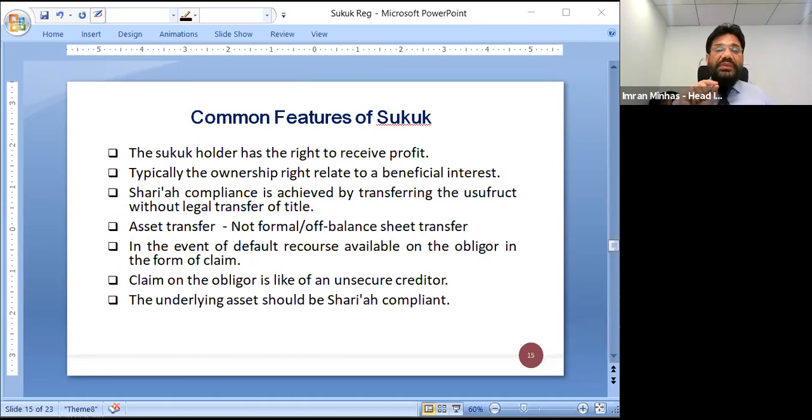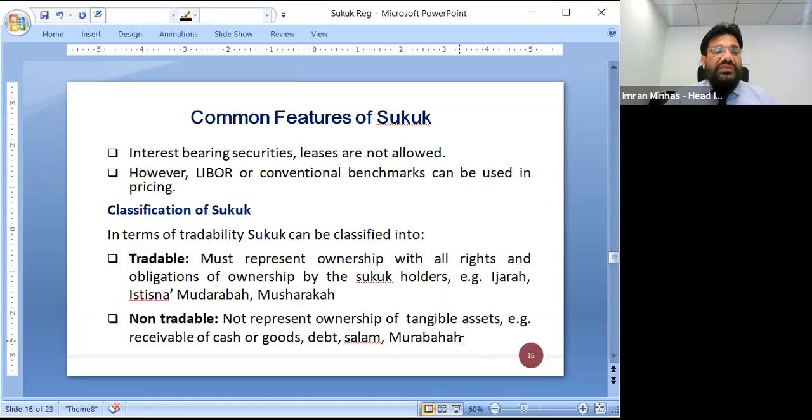And for that purpose, in the period of default, they are considered to be the unsecured creditor of the transactions. So these are the common features of this. Interest-bearing security is obviously not allowed in the Sukuk, but we can use the conventional benchmark of any country. If we can use LIBOR, like in Pakistan we use KIBOR, and maybe you have your own benchmark to use in the pricing mechanism.